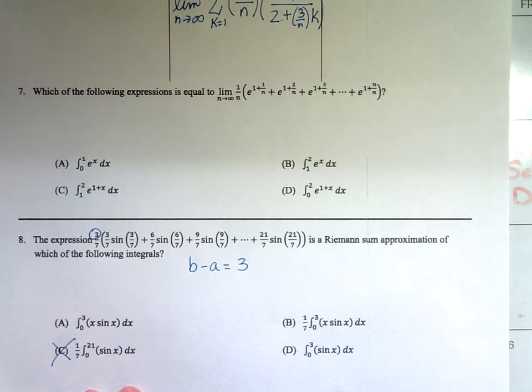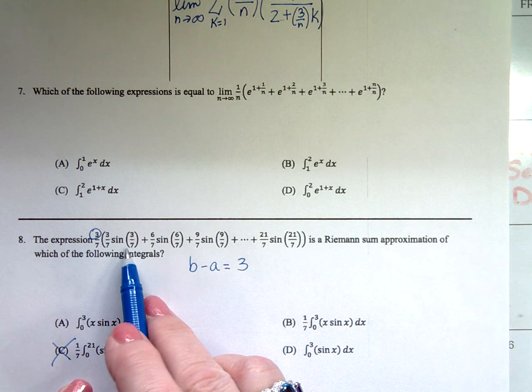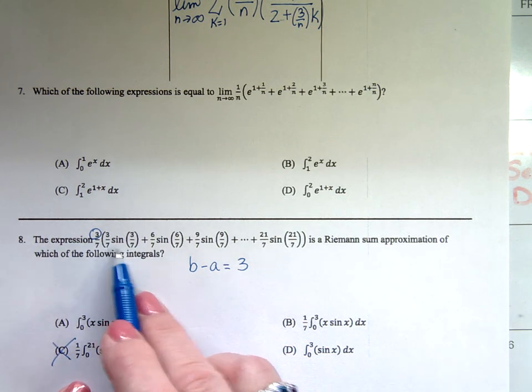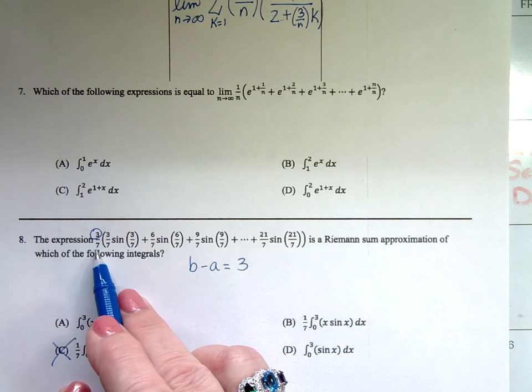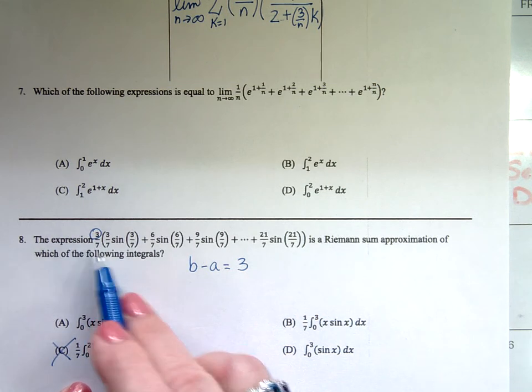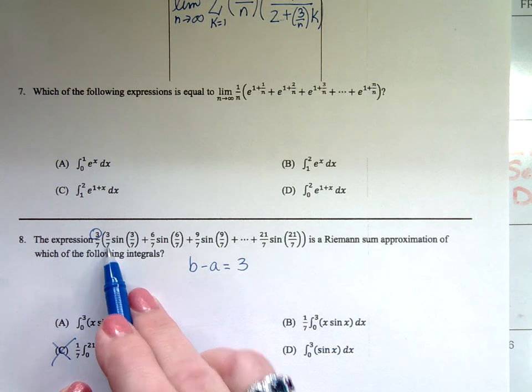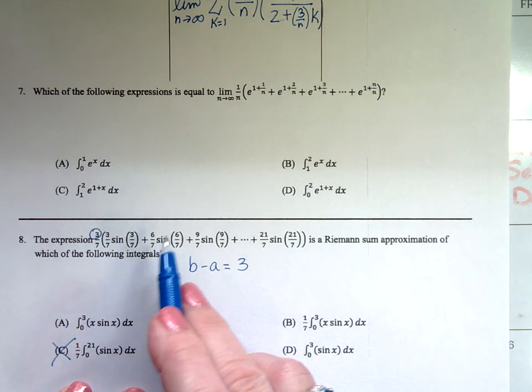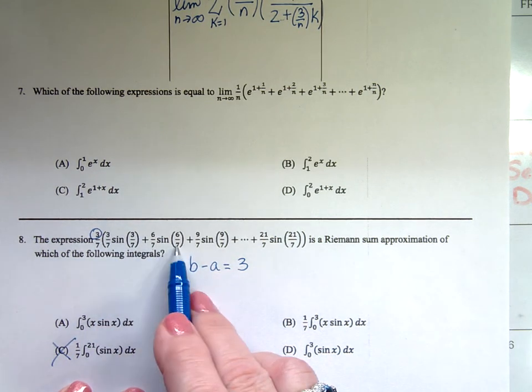Let's figure out the next thing. I've got my changing values, this one in front. And remember this 7 in the beginning is just telling you how many subintervals you have, so you can ignore that in the midst. But this one is 3/7 and this is 3/7. Then it changes 6/7 and 6/7, 9/7, 9/7 down the line.